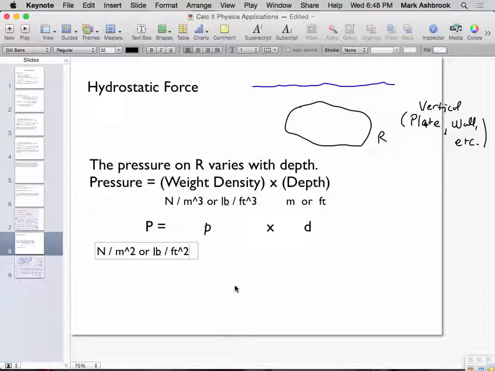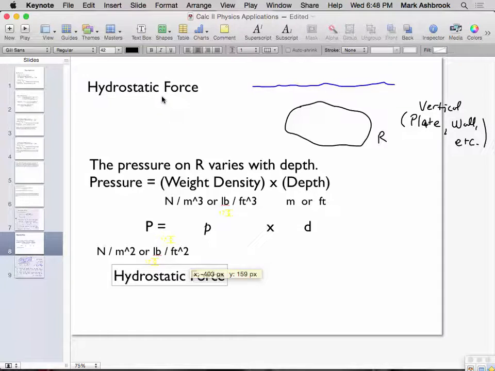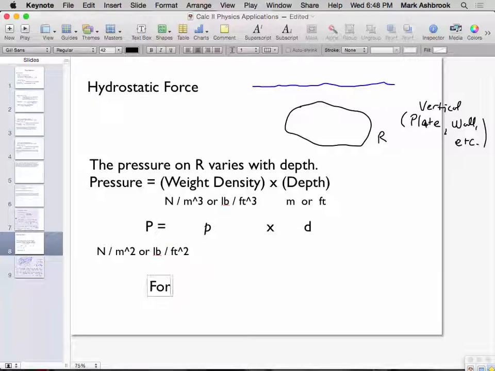So therefore, force equals what? How would we get force from hydrostatic pressure? It'd be pressure times the area.